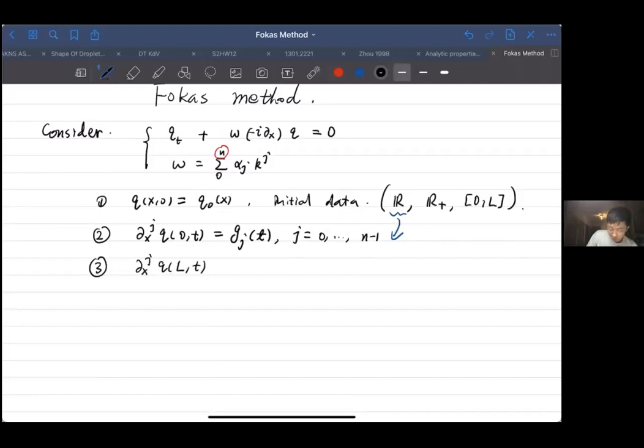So for this one, if you consider the interval, then you can pose, in the phase space (t, x), the boundary condition this way.